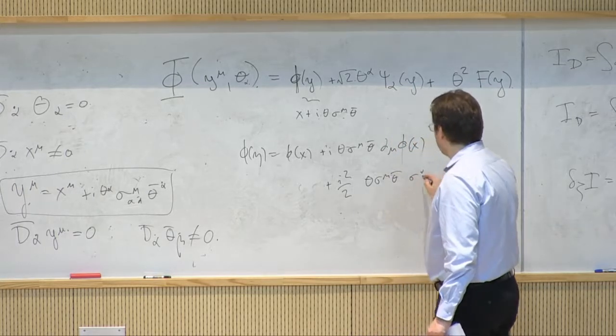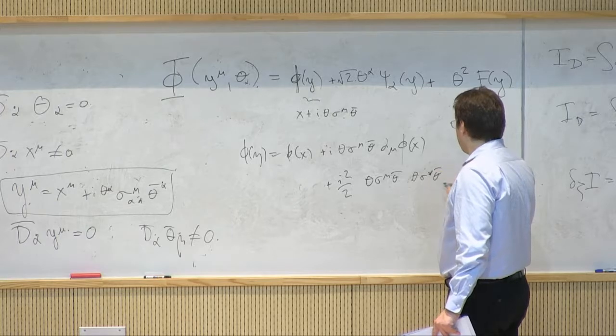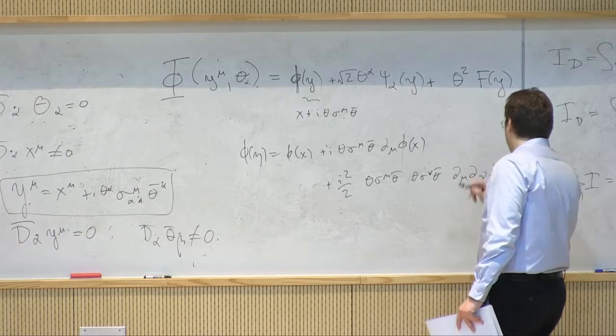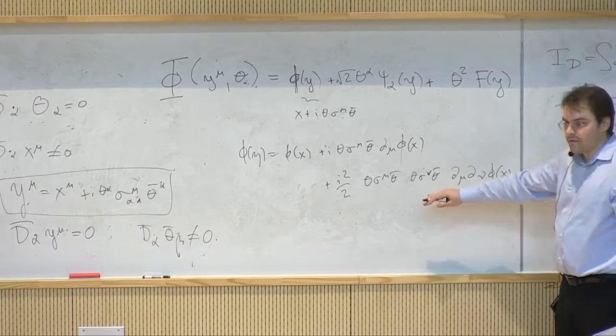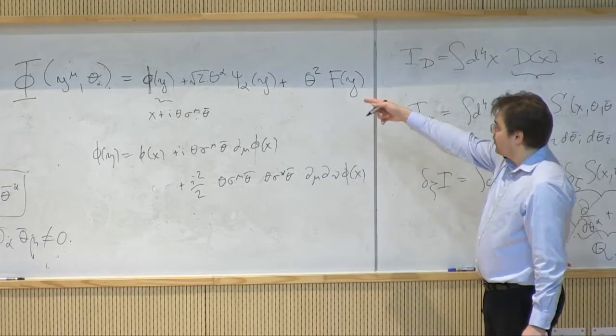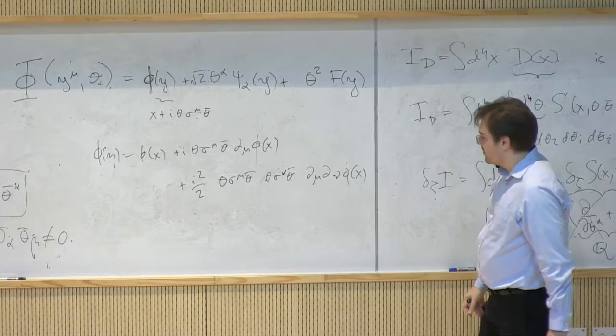There'll be 2 copies of this theta theta bar term and a double derivative of phi evaluated at x. And then the Taylor series stops because here we have 2 thetas and 2 theta bars. So you see you can do this and re-expand the entire field back in terms of position space.